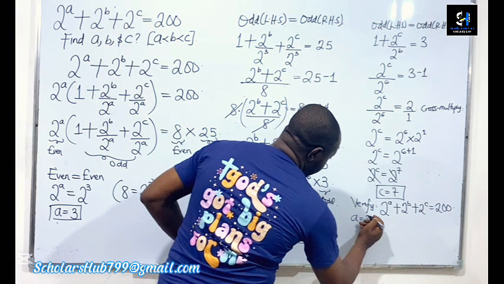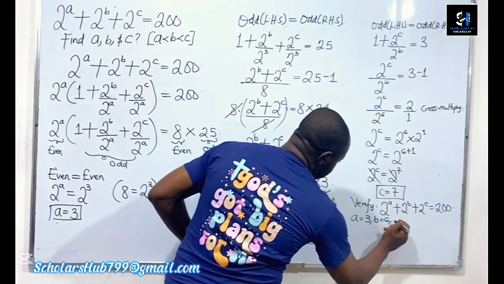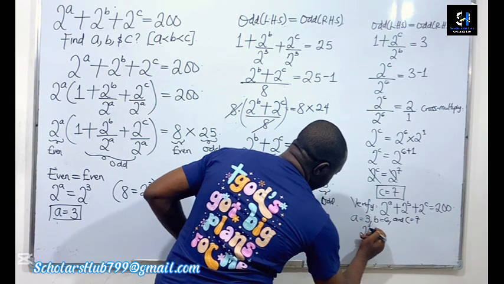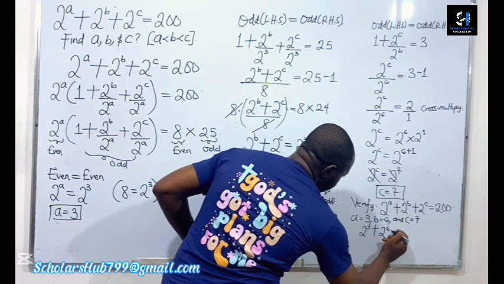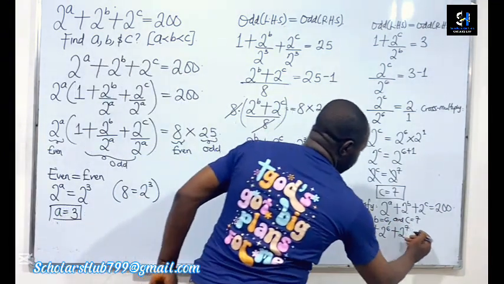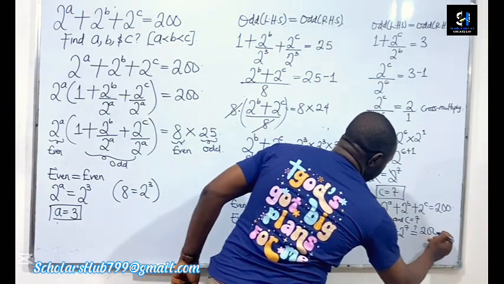Now we have a to be 3, b to be 6, and c to be 7. So 2 raised to the power of 3, 2 raised to the power of 6, and then 2 raised to the power of 7. Now, is this going to be equals to 200?